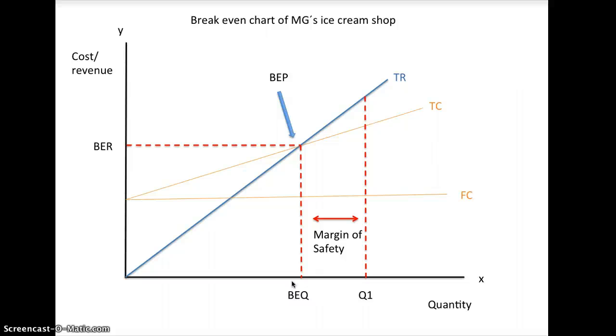If they have a higher margin of safety, it means that they have a higher chance of making more profits. They could be operating anywhere within this area. Therefore, having a higher margin of safety means that the firm can make more profit and it's going well for them.